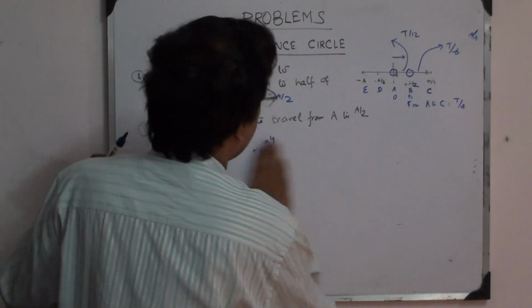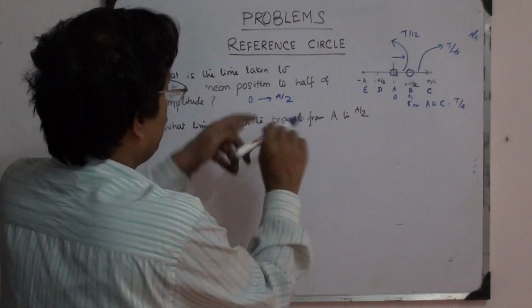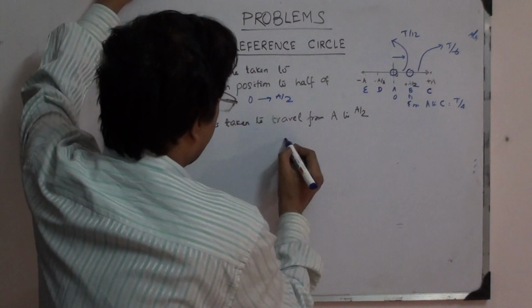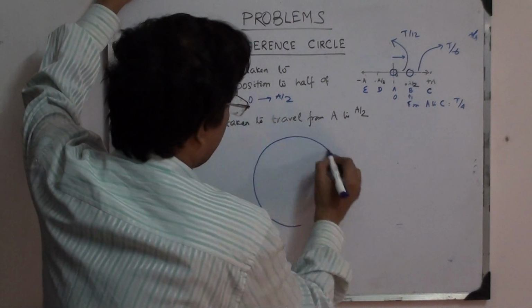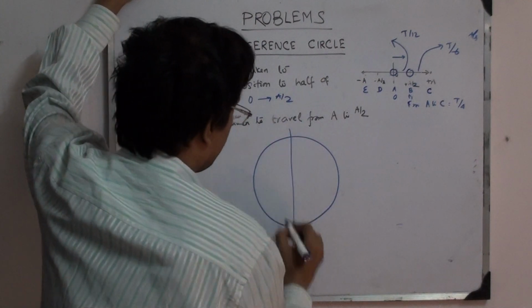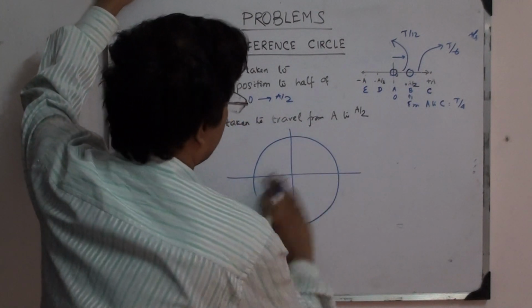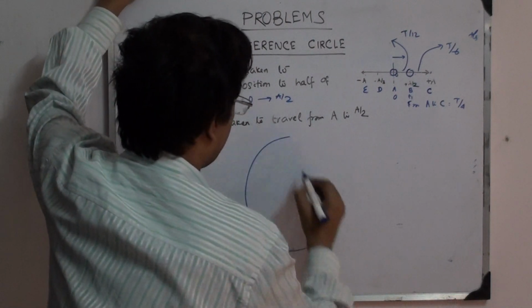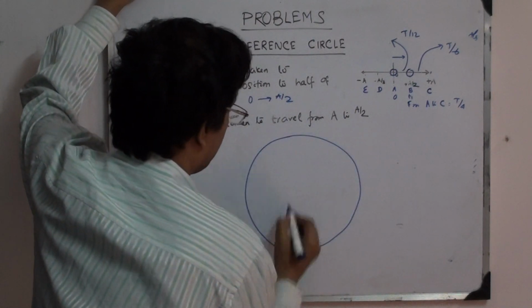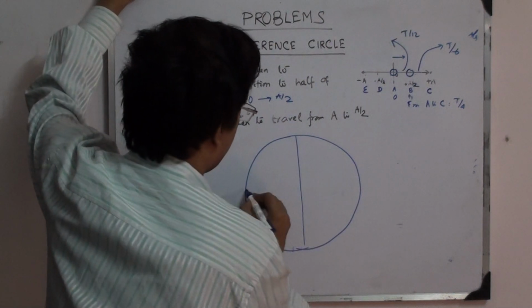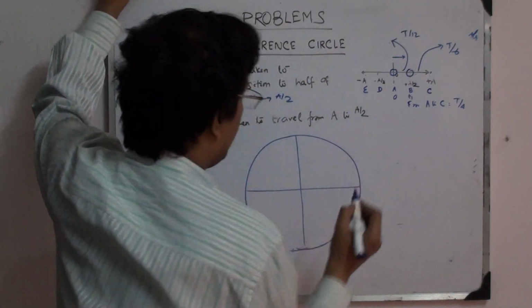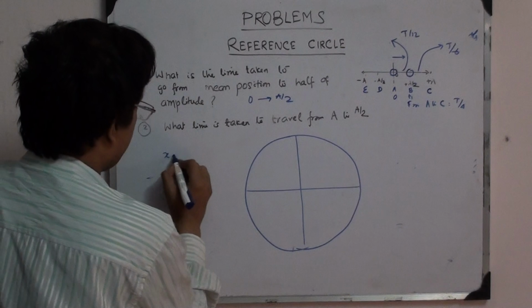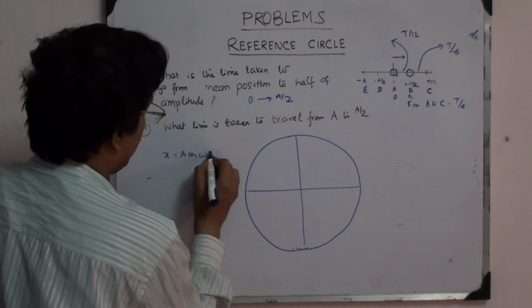So how do we solve this particular situation? The 0 to A by 2, look at it. This is our reference circle. Our equation that we have taken is x is equal to A sine omega t.